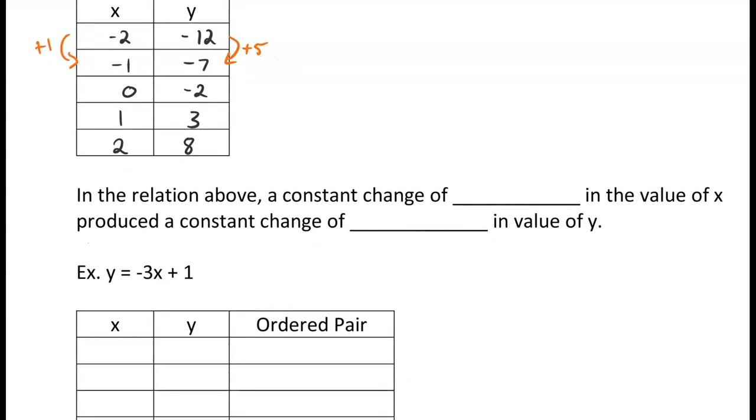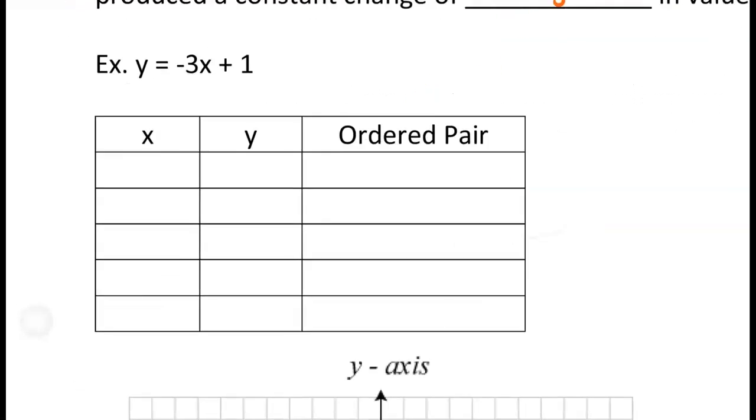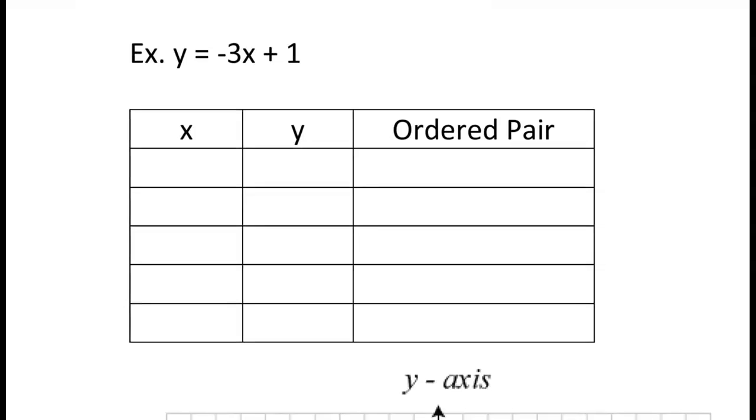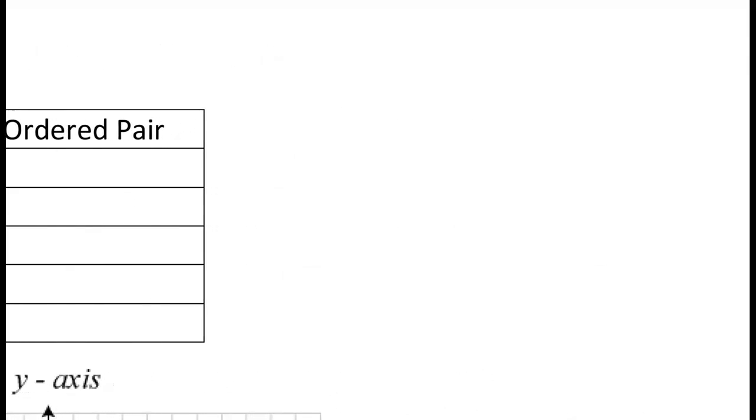So in the relation above, the constant change of 1 in the value of x produces a constant change of 5 in the value of y. In the next example here, we have y equals negative 3x plus 1.